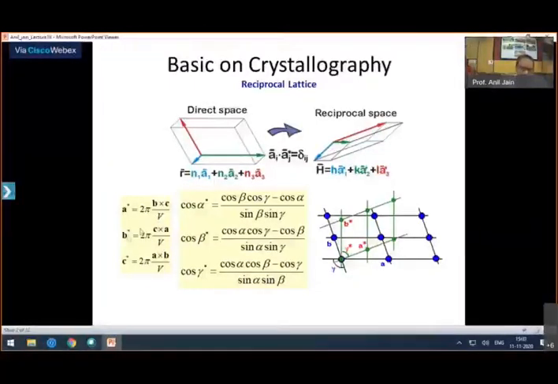Similarly, one can write B star, the reciprocal lattice vector along the B star direction, and the C star direction. Now this A star, B star and C star. Let us say we have an orthogonal system where your angles alpha, beta and gamma are 90 degrees, and let's assume that we are in the cubic system.